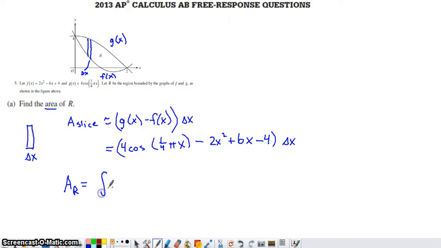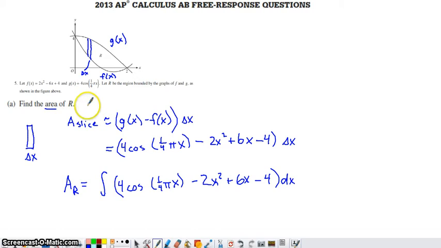So when we toss this expression into the integral, everything's just going in as is to start, and the one thing that's going to change is at the end of this, when you get ready to copy down your delta x, it's going to change to a dx, basically telling you what variable to integrate this with respect to. And then the limits of integration here have to be all x values that slices range between.